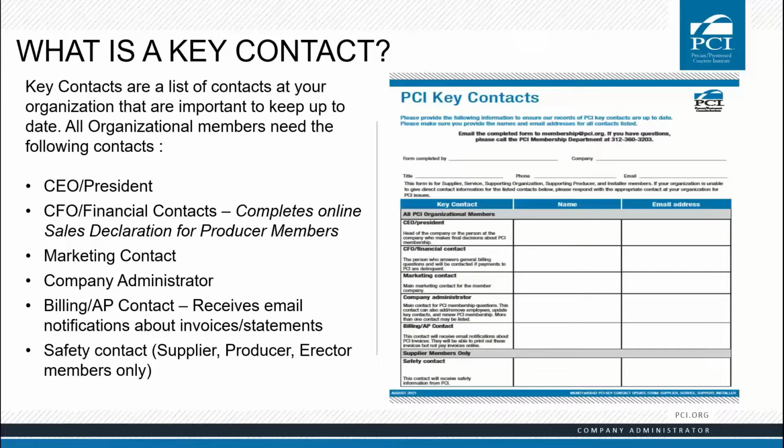For producer members, the CFO financial contact is especially important as they will receive the sales declaration required for your certification renewal. If your company is not comfortable having a CEO or CFO listed as the key contact, you can give an assistant or the closest equivalent person who would handle your PCI membership.